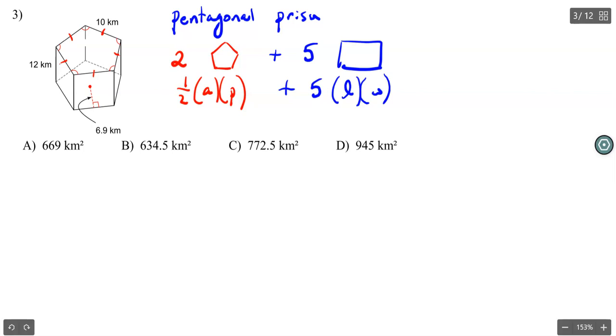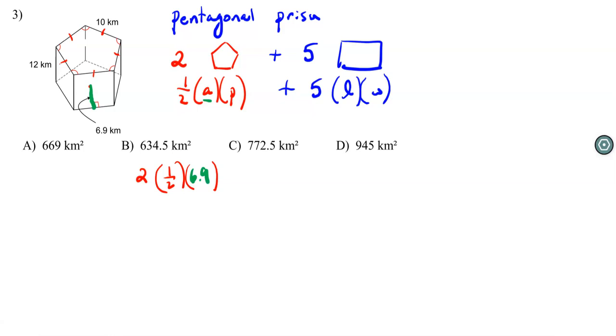So let's crack these out. Doing my pentagon, I have 2 times 1/2 times, well, the apothem, remember this little apothem piece right here, the apothem is that right there, which is 6.9. And then the perimeter of this one is all the way around.